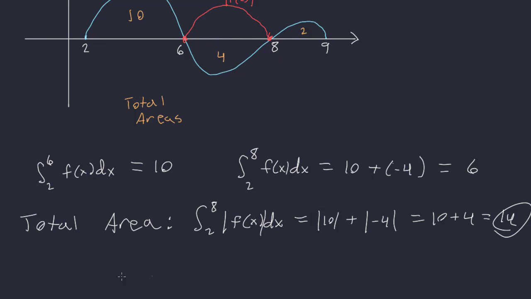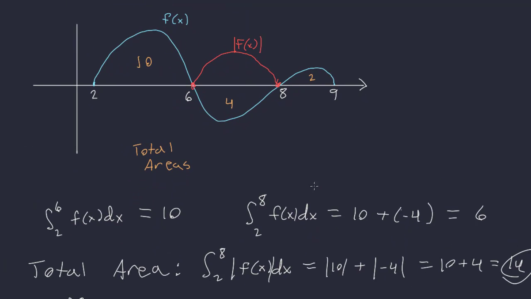Then if we just look at the definite integral from 6 to 8 of f of x dx, that is, of course, negative 4. So that brings us to something very important here, which is to note that the definite integral from 2 to 8 of f of x dx is the same thing as taking the definite integral from 2 to 6 and then summing up the definite integral from 6 to 8.